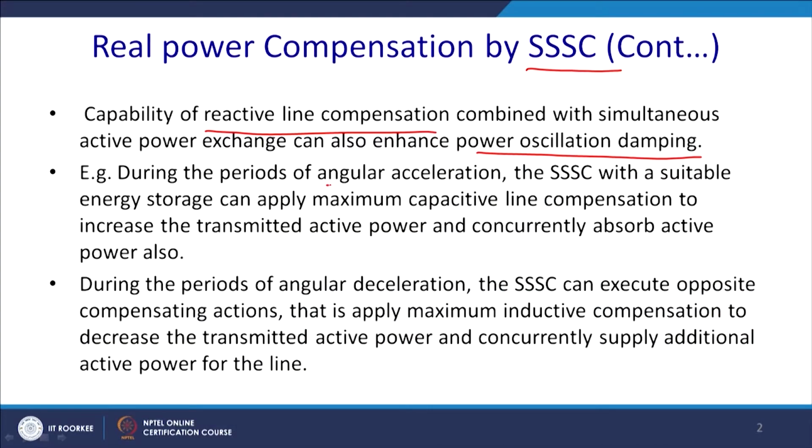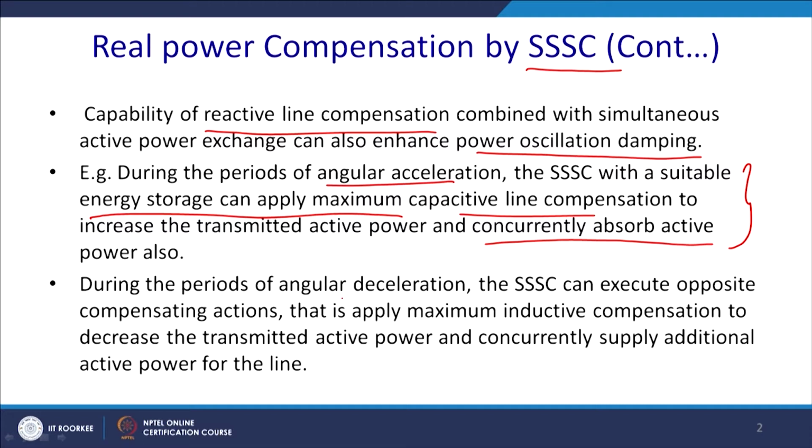For example, during the period of angular acceleration, the SSSC with a suitable energy storage can supply the maximum capacity of line compensation to increase the transmitted power and concurrently absorb the active power also. So, this is the way it can increase the stability and damp out the power frequency oscillation.